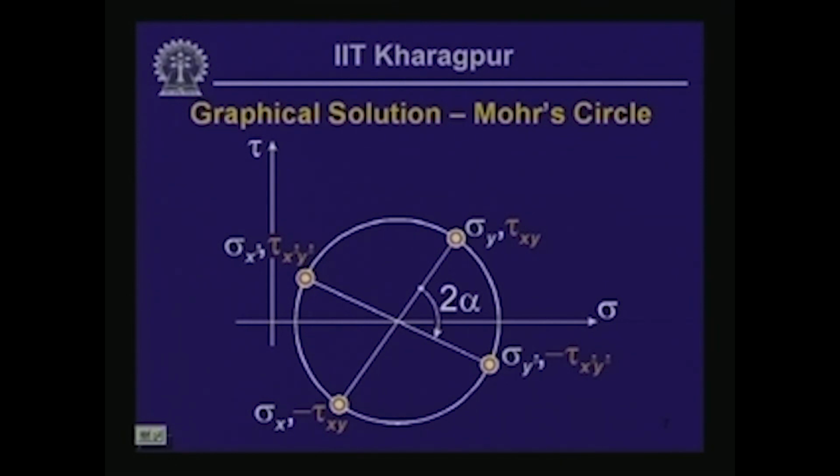So, what we do then is to find out 2 diametrically opposite points which are separated by an angular distance of 2 alpha from the first 2 points, and the points on the second set of coordinates are going to be given by, in this case, sigma x prime, tau x prime y prime, and sigma y prime and negative of tau x prime y prime. So, that is the construction. It is a very convenient construction, and this circle here is called the Mohr circle.